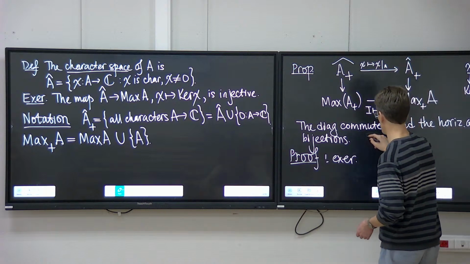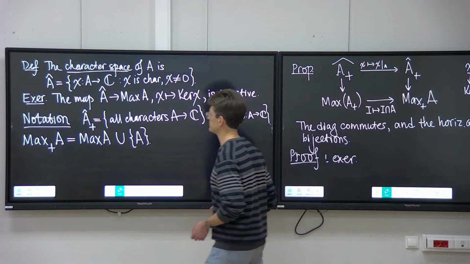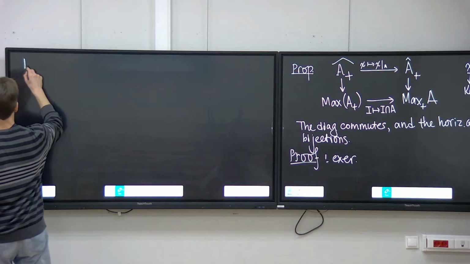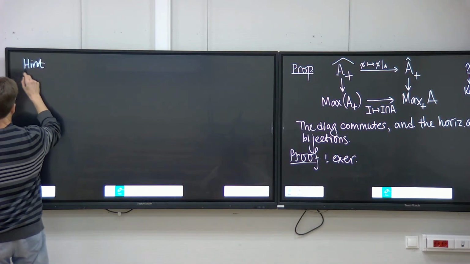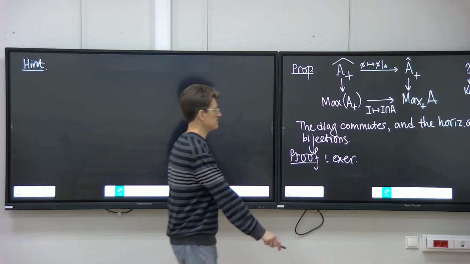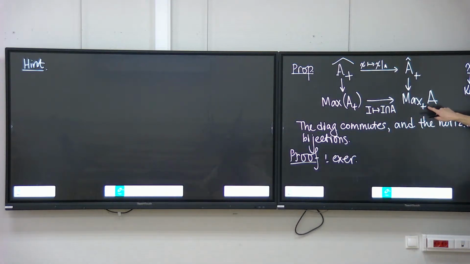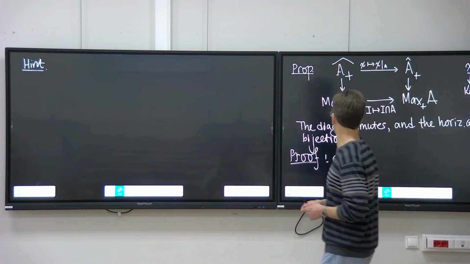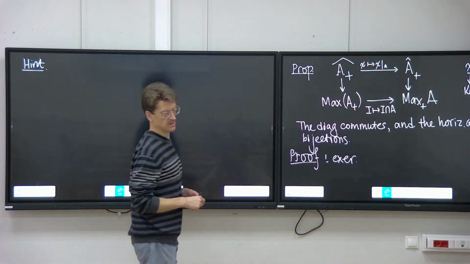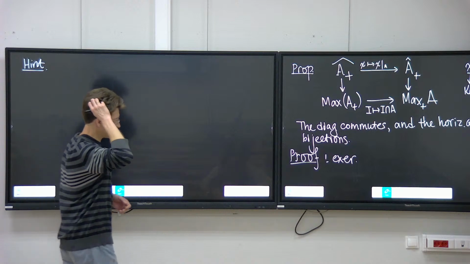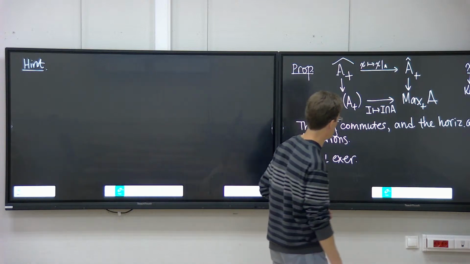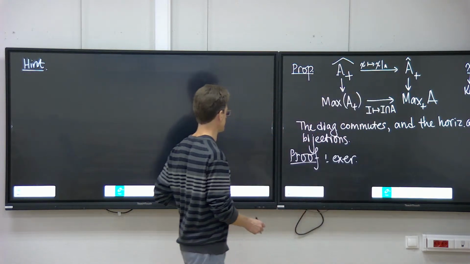And so here's a hint for you, which shows in particular how to prove the surjectivity of this map. So we will start with a maximal modular, not necessarily maximal actually. The hint works for every modular ideal of A.